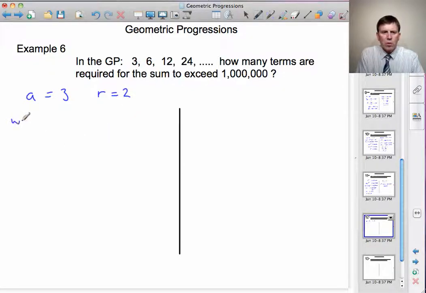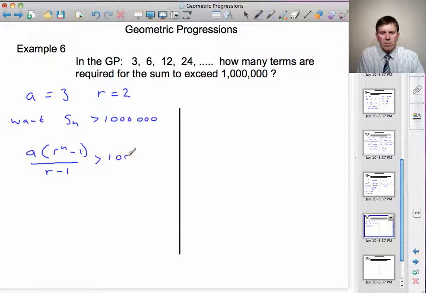And we want Sn to be greater than a million. So putting in the formula for Sn, we want a times r to the n minus 1 divided by r minus 1 to be greater than a million.